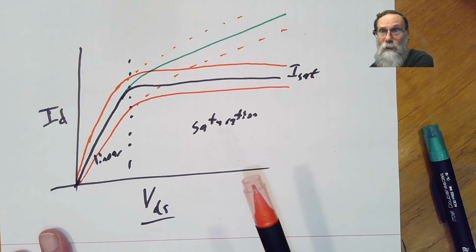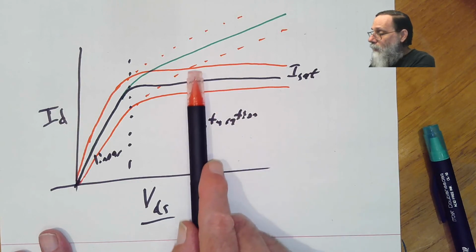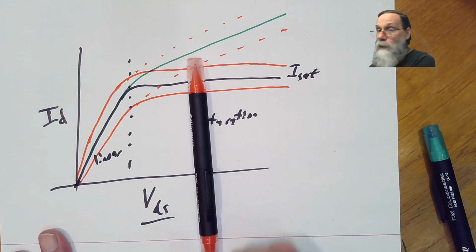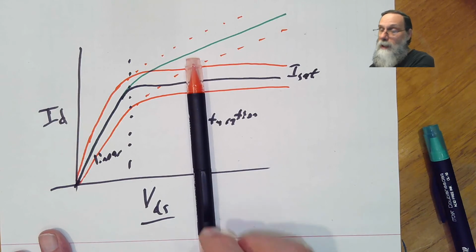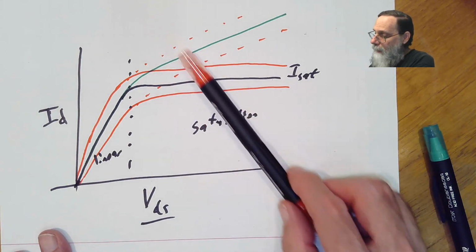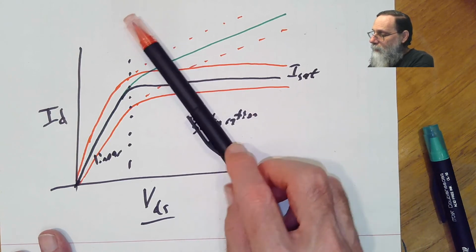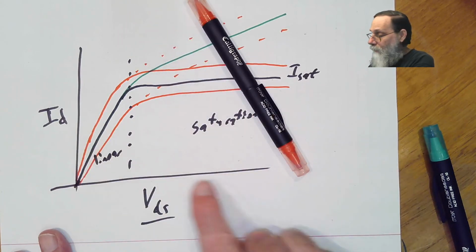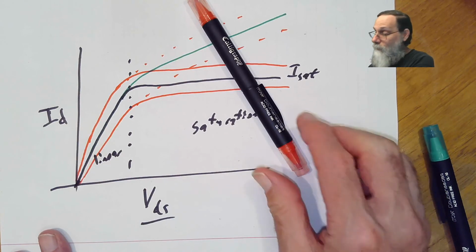Now, depending what circuit we're using, we may be holding the drain to source voltage constant, like if we're using a transimpedance amplifier to look at it, or we may have something where we have a load line, where as we change the current through the microphone, it'll also change the drain to source voltage.